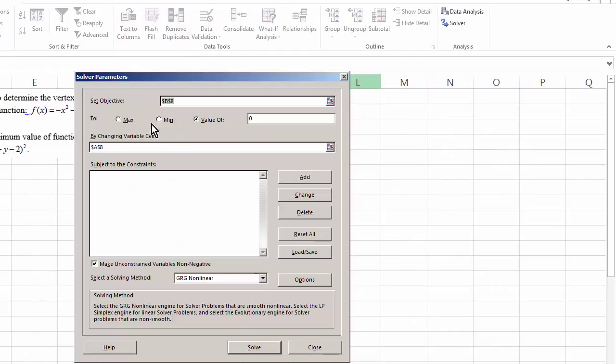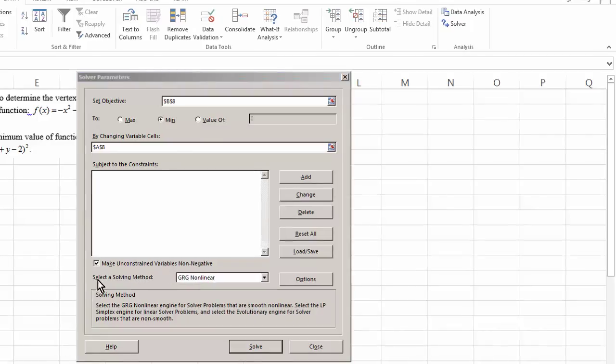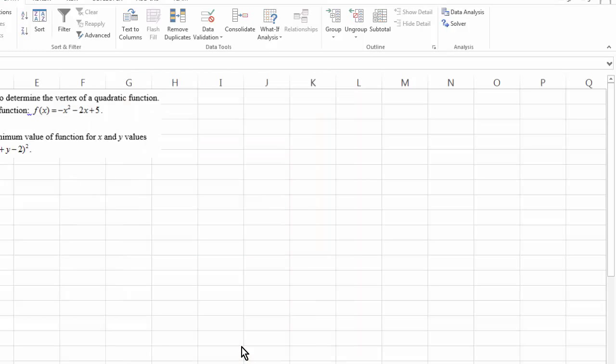Let's say I'm looking for a minimum. And I don't want to make this assumption: I don't want to assume that the unconstrained variables are all non-negative, because we're dealing with mathematical problems that could have 0 or negative parameters. So let's uncheck that and solve.